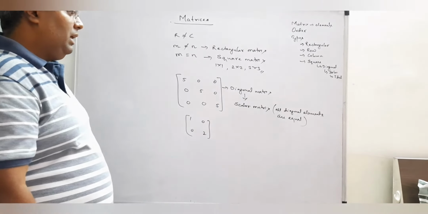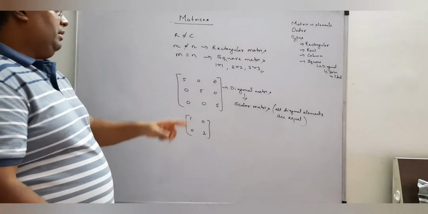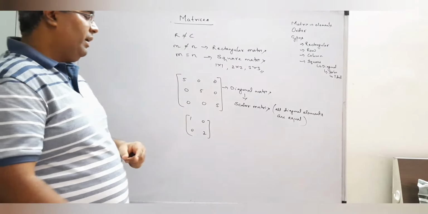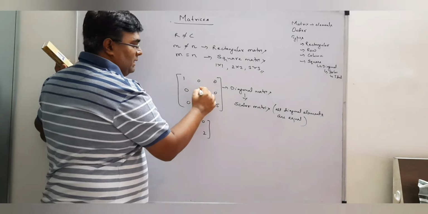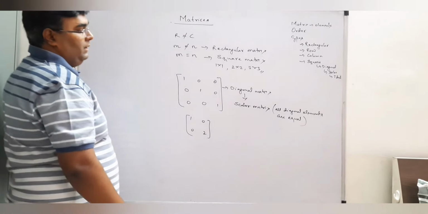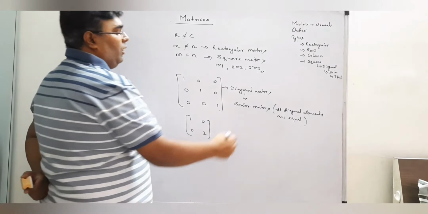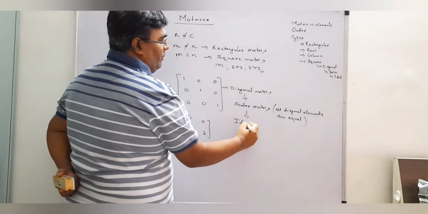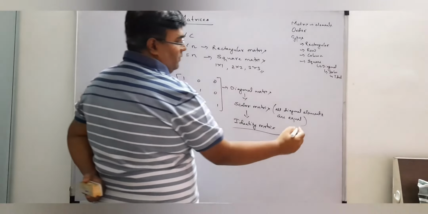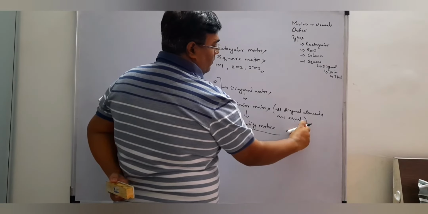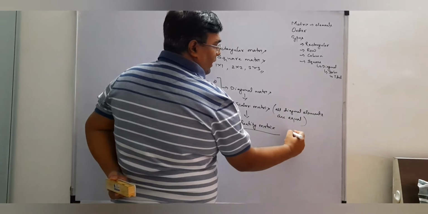A scalar matrix can be any square matrix whose diagonal elements are the same; any number we can take. But if we take only one on the diagonal, we call it an identity matrix. Let's write it in formula form.